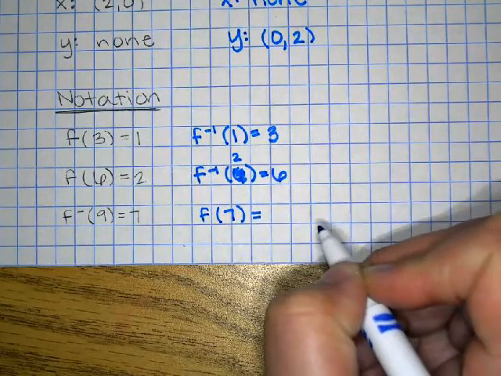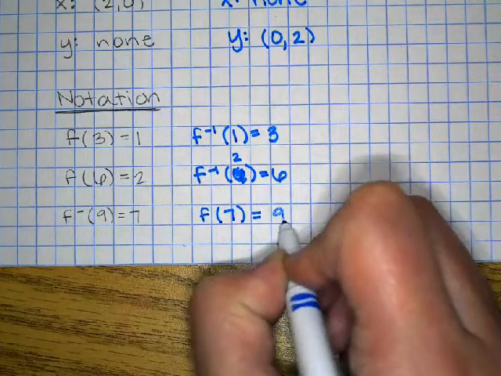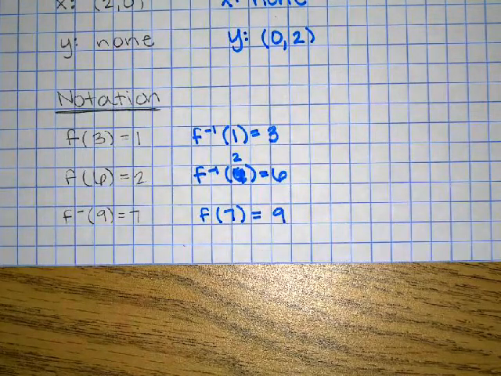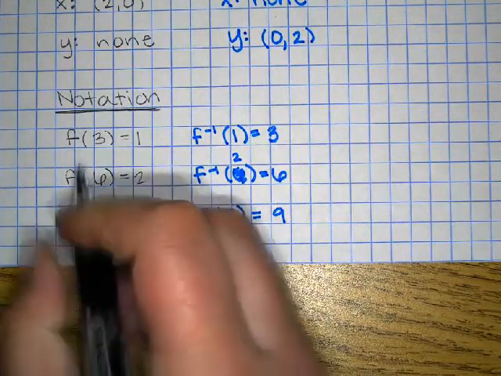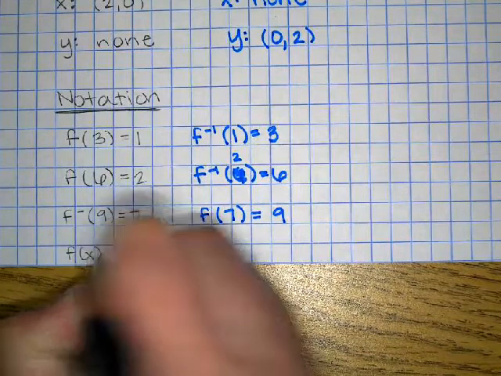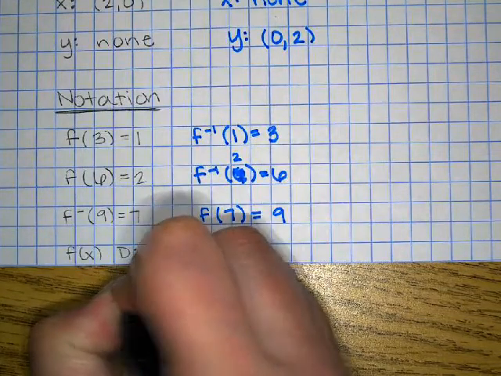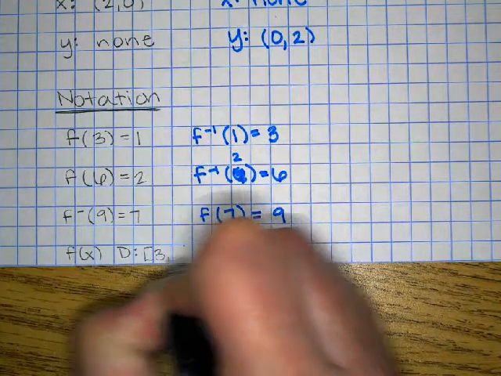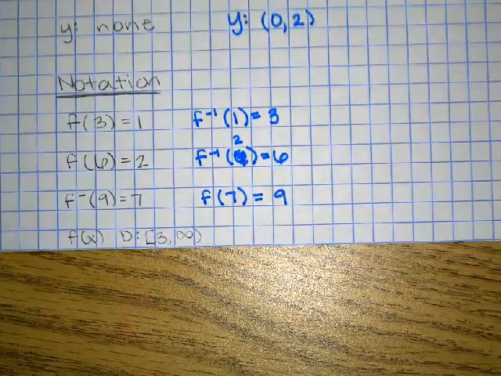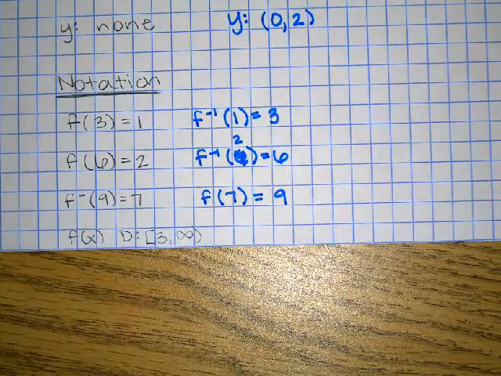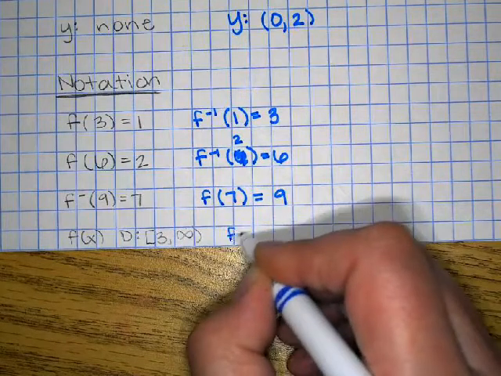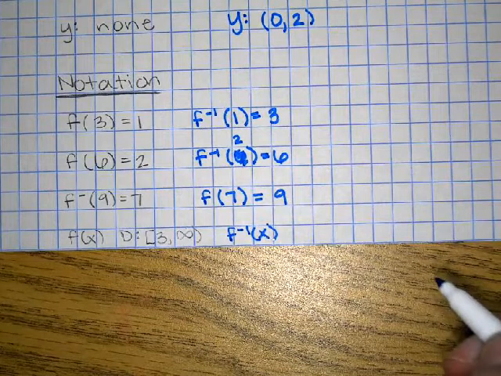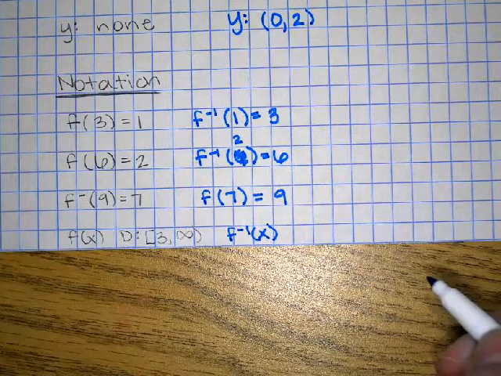Okay? If I told you that f of x had a domain of 3 to infinity, what could you tell me? The f inverse of x, not a domain, would have a range. 3 to infinity.